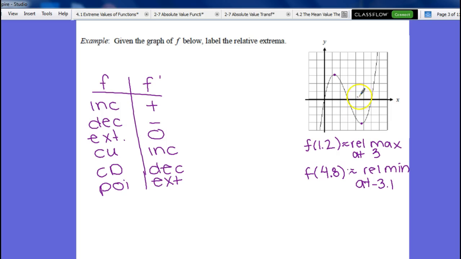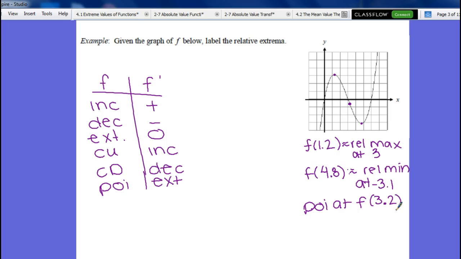So if I'm looking at this graph here, I'm probably going to say that we have a point of inflection about 1, 2, 3, probably at f of 3.2.